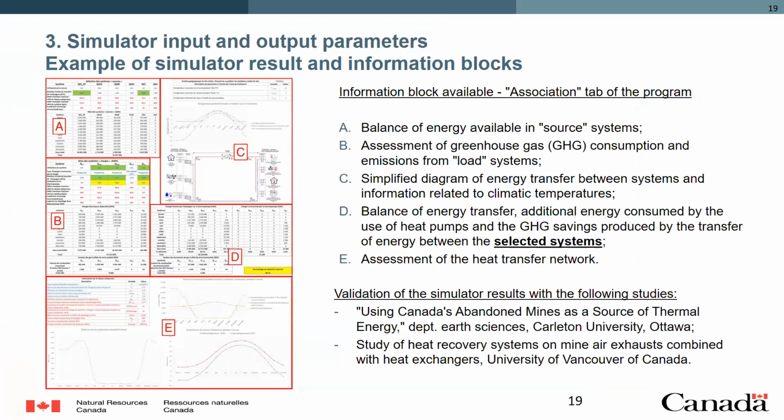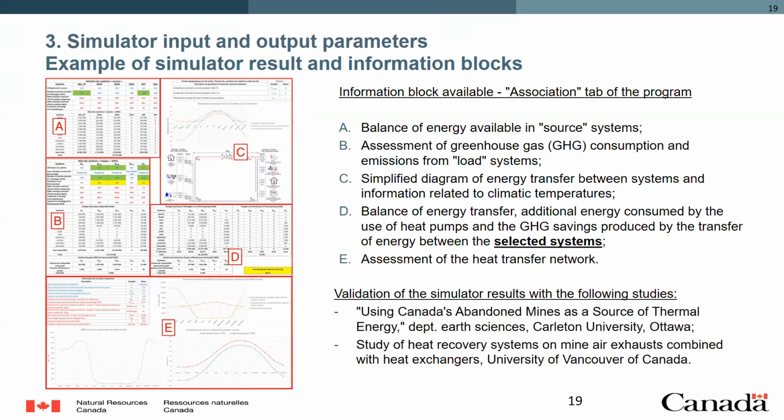Okay, so after you put all your inputs and you run the simulator, you'll get the following summary sheet as presented on the left side of the slide here that has 5 blocks of information. So the block A is the balance of energy available in the source, which is basically the energy that you can recover from the source, or the potential energy that you can recover from the source. B shows the potential energy that could be consumed from the loads, but also the potential for GHG emission savings.